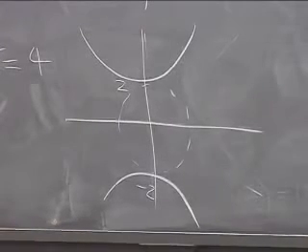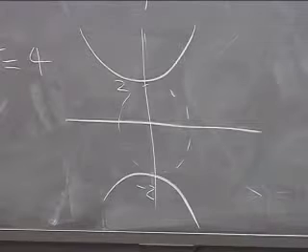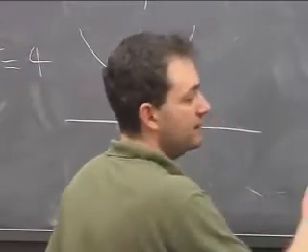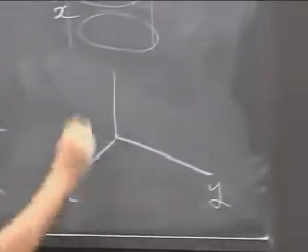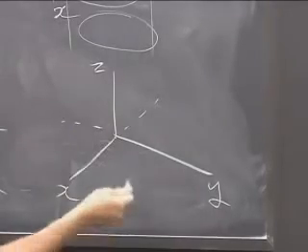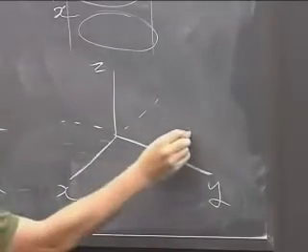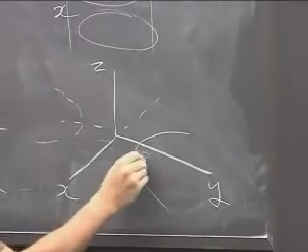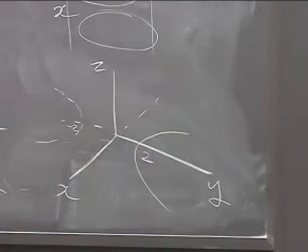Right, so if you want to be able to draw 3-dimensional surfaces, we've got to be able to draw 2-dimensional things like this. So you need to know how to draw these hyperbolas. If you consider this as a graph in 3 dimensions, you just draw it down here so that the y-axis is like this. Not so easy to tilt the perspective, but the y-intercepts are 2 and minus 2.